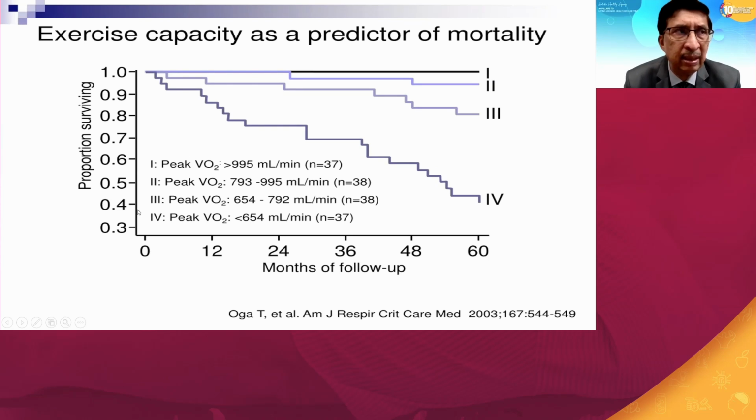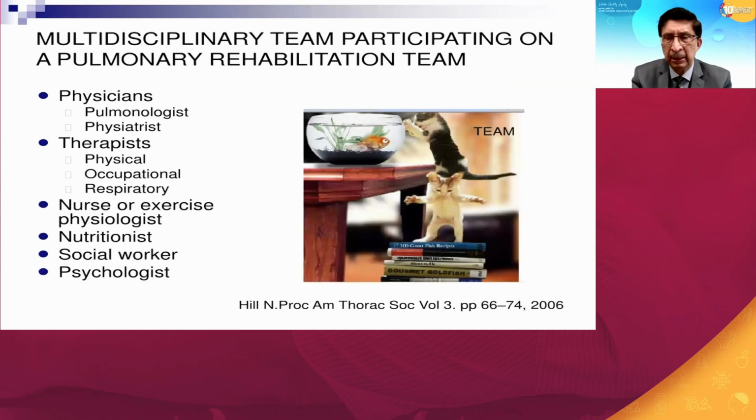So basically, VO2 max or exercise capacity can be a predictor of mortality in a lot of older people with COPD.